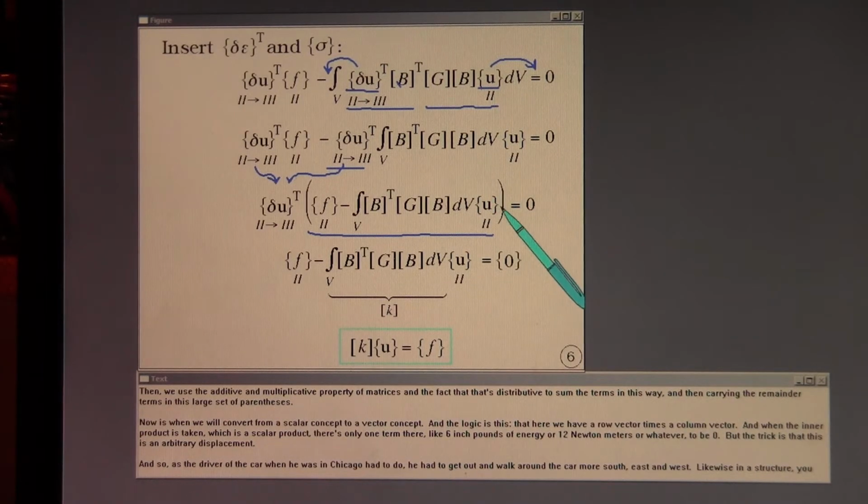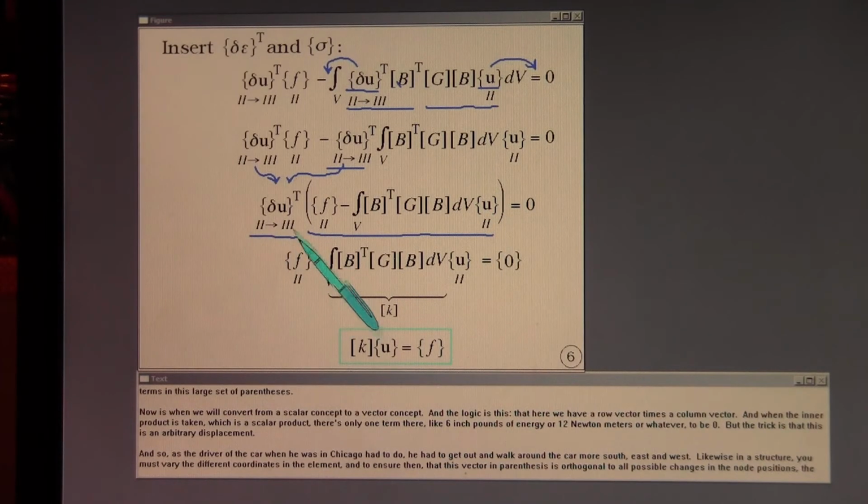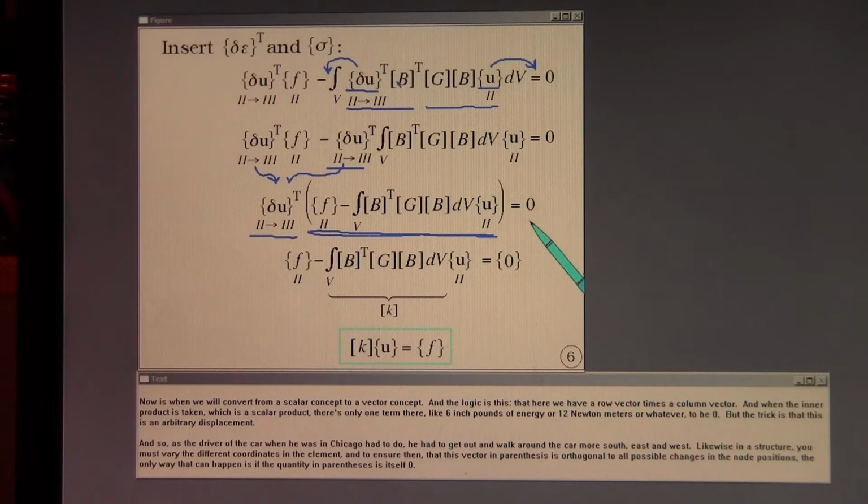Now is when we will convert from a scalar concept to a vector concept. And the logic is this, that here we have a row vector times a column vector. And when the inner product is taken, which is a scalar product, there's only one term there, like 6 inch-pounds of energy or 12 Newton meters or whatever, to be 0. But the trick is that this is an arbitrary displacement.